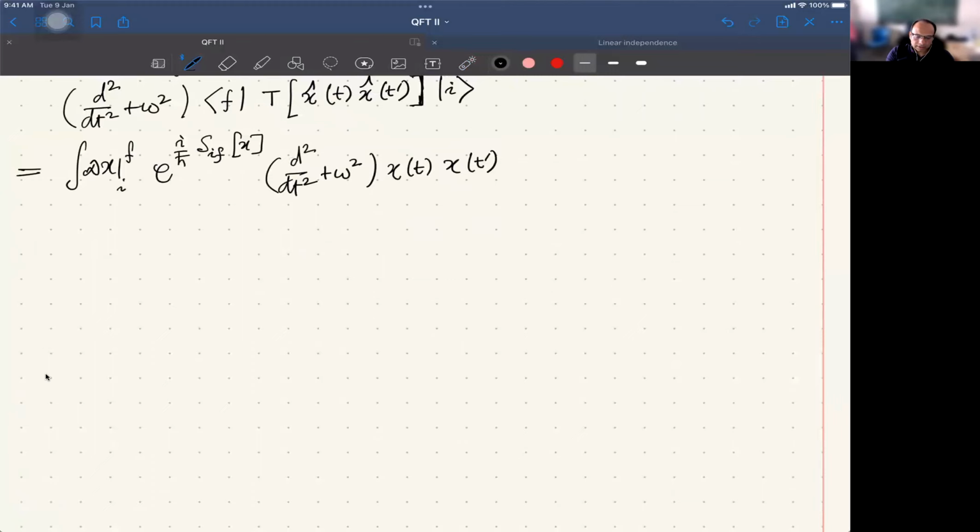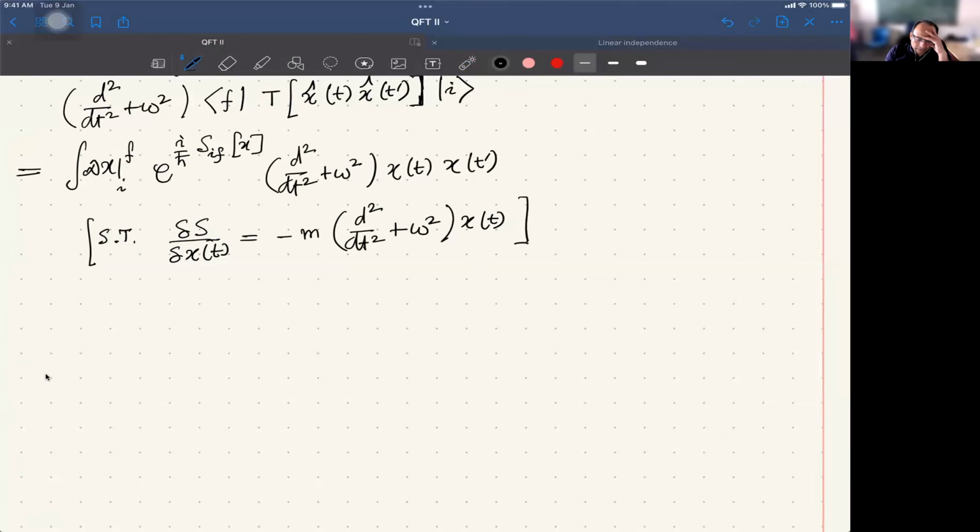This is nothing but the equation of motion, and therefore it should be same as the variation of the action. So show that δS/δx(t) is equal to minus m times (d²/dt² + ω²) x(t).